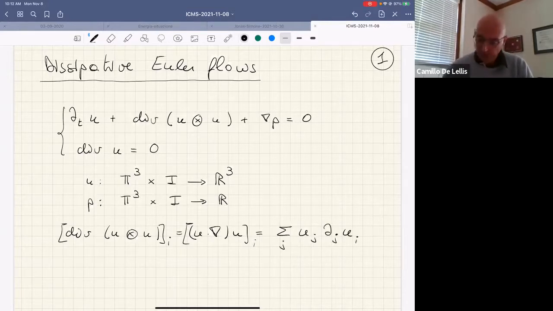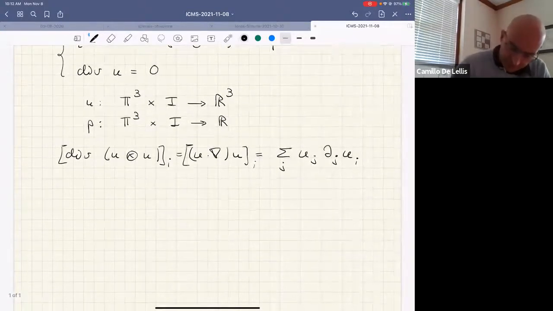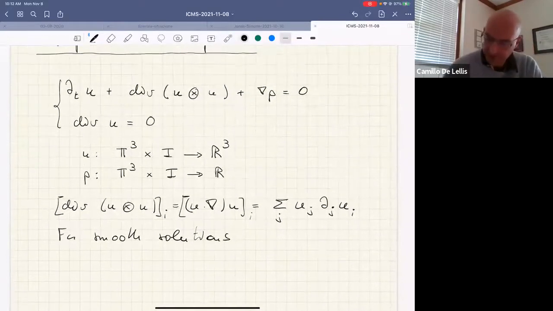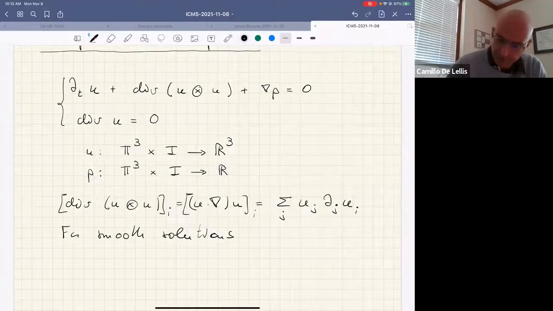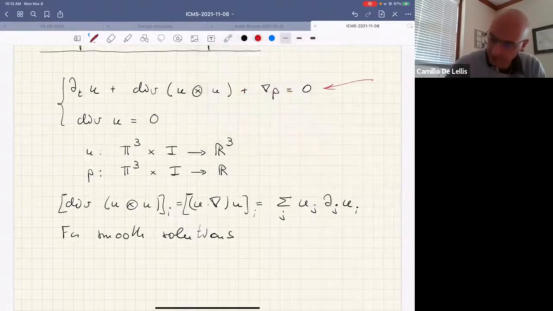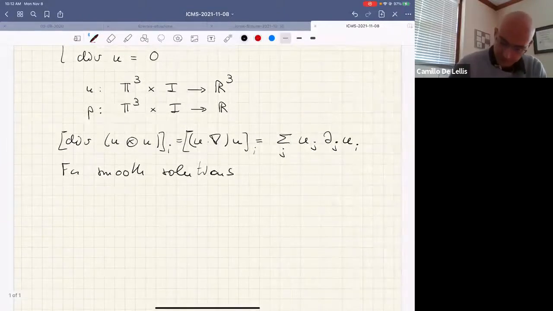And if you have a smooth solution, a very important identity is the conservation of energy, which mathematically you can recover by multiplying the first equation scalarly by u. After elementary calculus manipulation, you end up with the following conservation law.